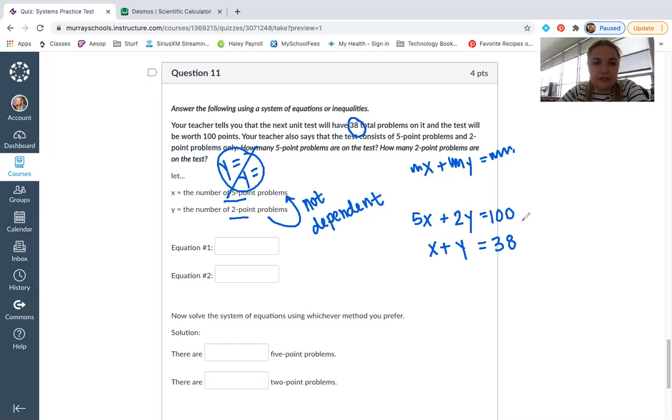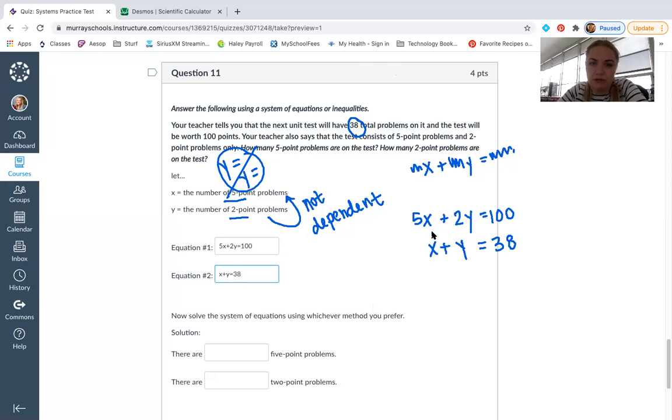Okay, so when I go to do these, I'm going to type this in: 5x plus 2y equals 100, and then x plus y equals 38. All right, when I go to solve these now, let's use elimination because neither one of them is solved for y or x.